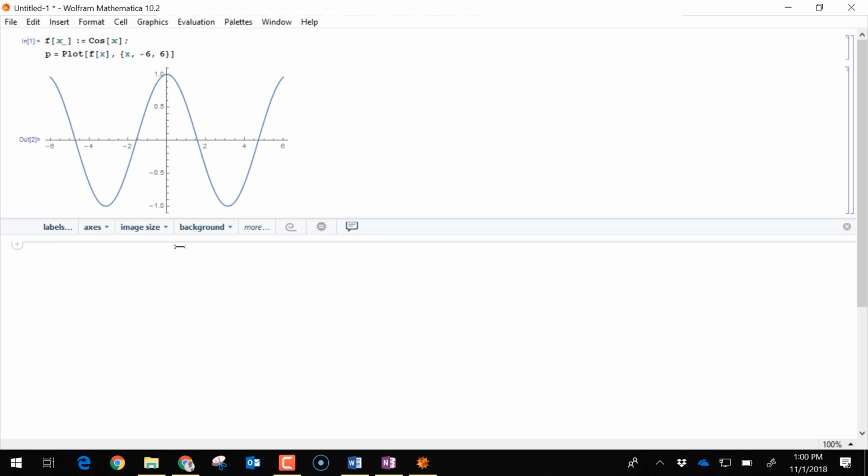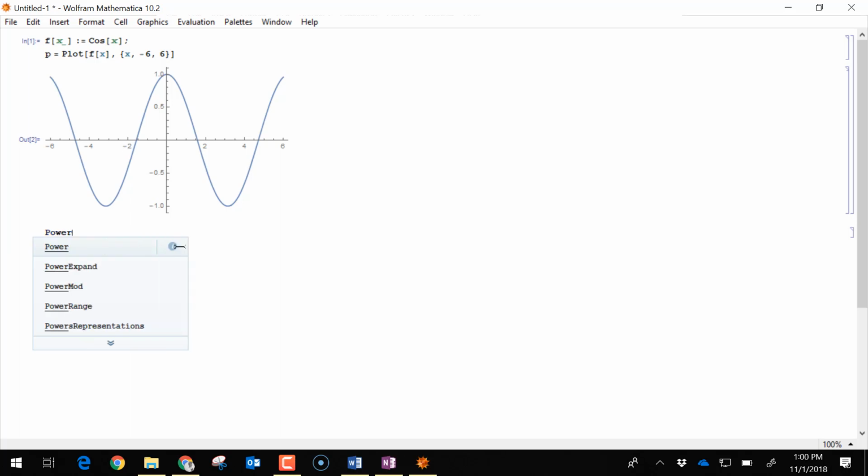And so a power series, power ranger or power range, power. What goes in here?